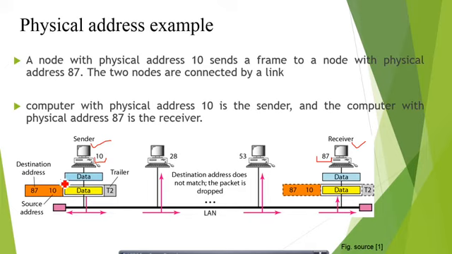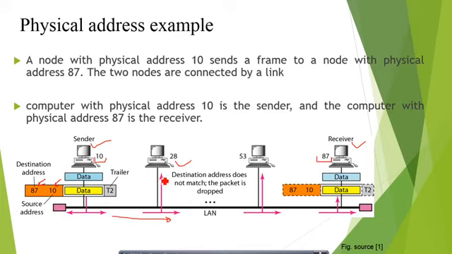The data link layer will attach its own header. In the header, what information will be added? The source MAC address, as well as the destination MAC address. These two pieces of information will be added in the header of the frame, and then this will be sent in the medium.